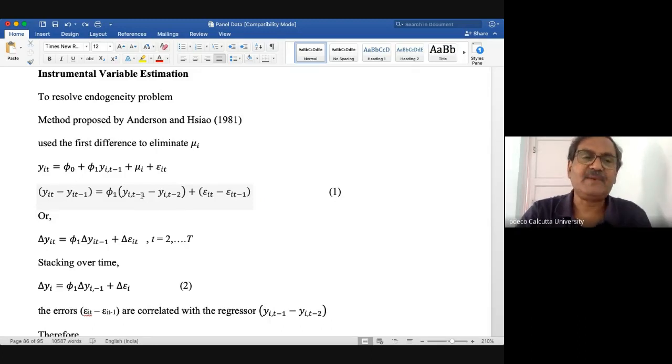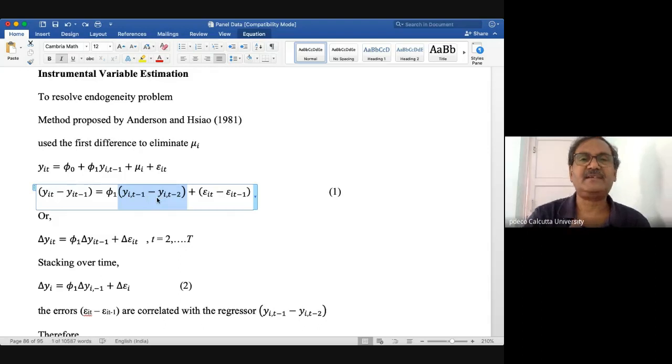So whatever may be, if we treat the expression within bracket as a whole as the regressor, and this expression within bracket as an error term, we can say that error and regressors are correlated, and the problem of endogeneity will appear.